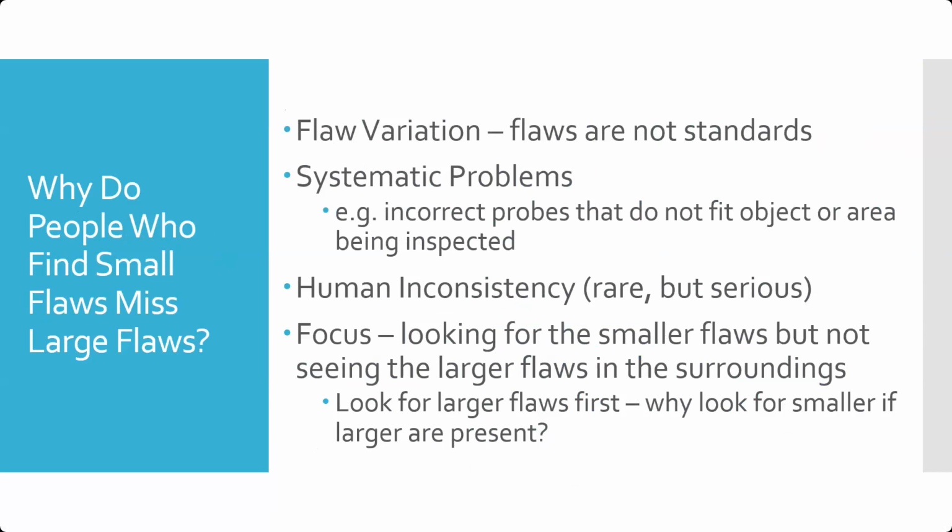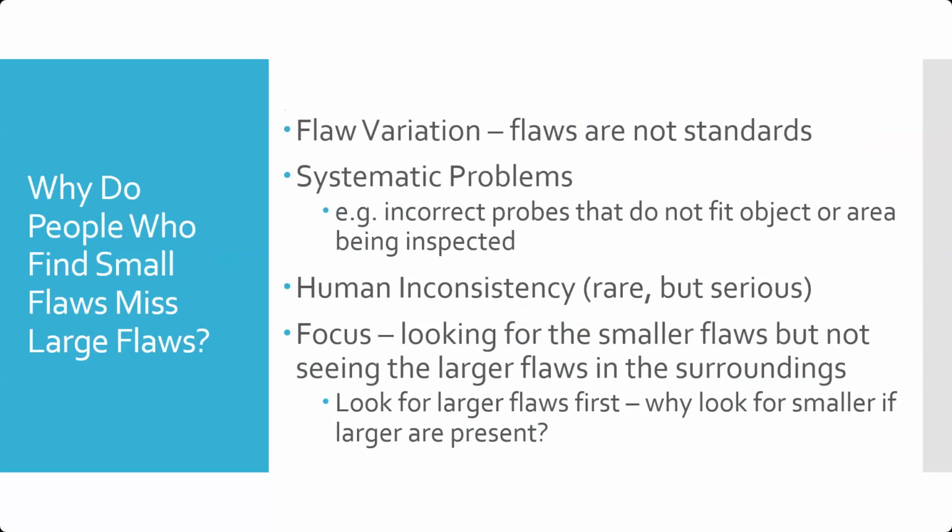Human inconsistency is probably the biggest failure here. It's rare but serious, and that inconsistency is different abilities. The most serious focus is looking for the smaller flaws but not seeing the larger flaws in the surroundings, or getting almost tunnel vision, which can lead to complacency.